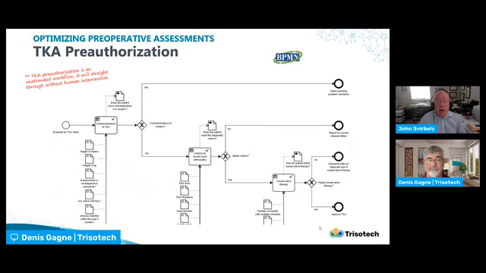So this is a BPMN model that shows a model for automated pre-authorization for a total knee arthroplasty, or TKA. Many of you may not have seen these models before, but this is a relatively simple one. You enter at the left with a triggering event, in which case the patient may be referred for evaluation.